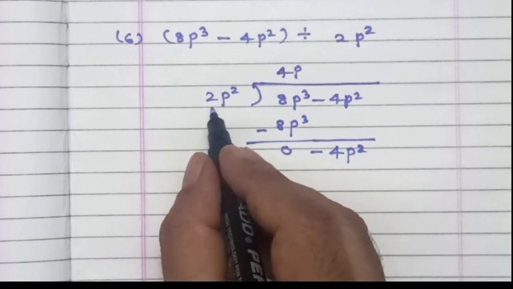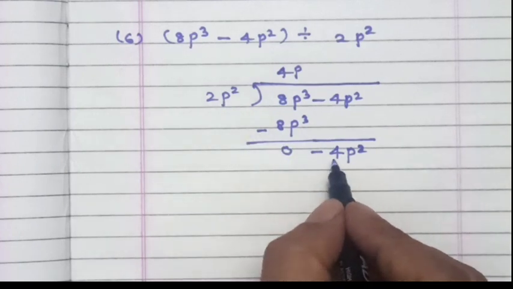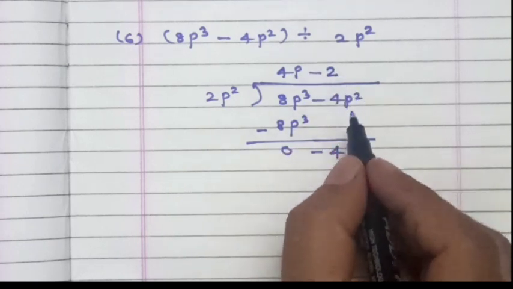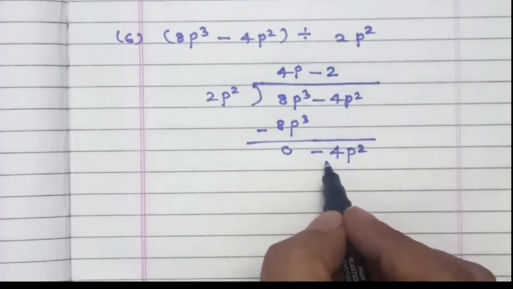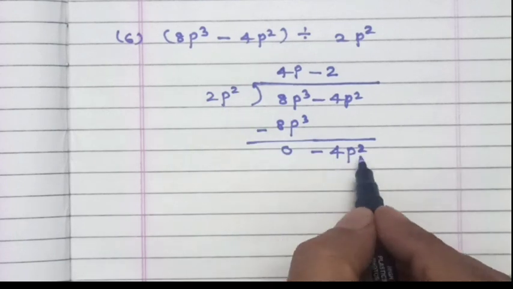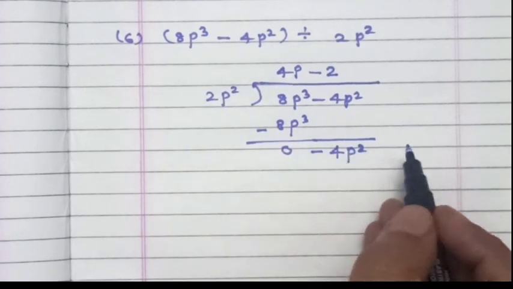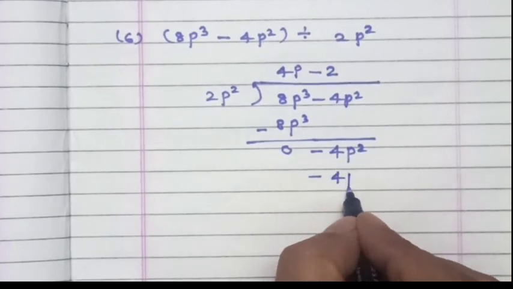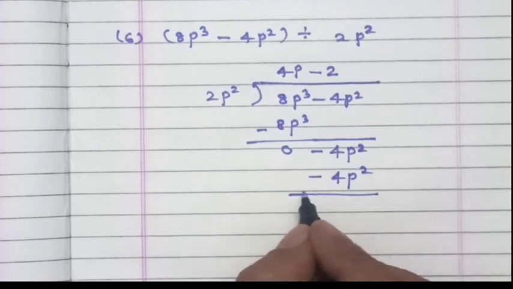Again same way, 2 2s are 4, minus sign, so minus 2. 2 into minus 2 gives you minus 4. P square same, they get cancelled, or 2 minus 2 is 0. That means p power 0 is 1. So you will be writing here minus 4p square.